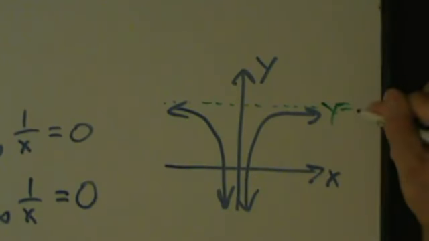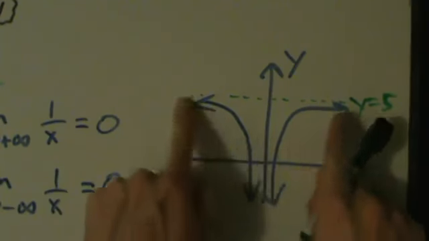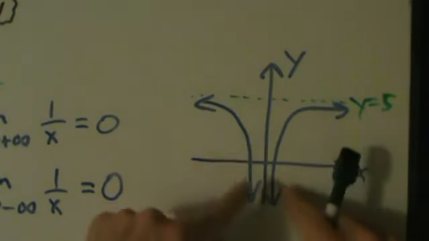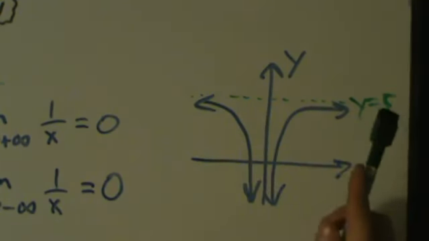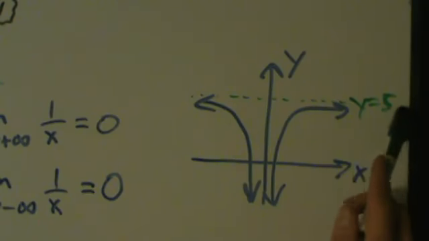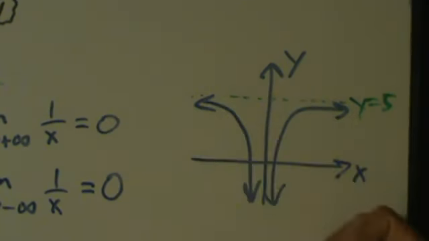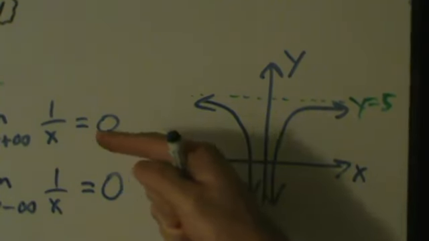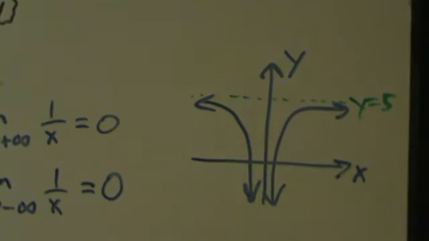And this is the line y equals 5. So here's our function, both of these pieces. We see that as x goes off to positive infinity, the y coordinates are approaching 5, this asymptote. And the same thing if x goes in the negative direction. As x shoots off to negative infinity, the y values are still approaching positive 5. So that's what's happening with example 2.